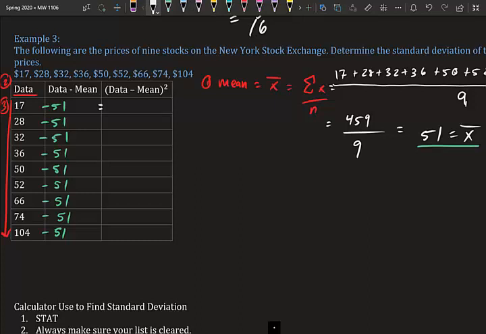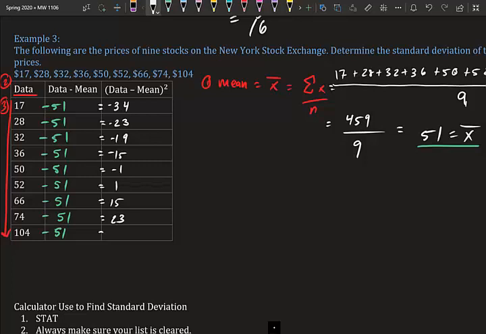So 17 minus 51 is negative 34. 28 minus 51 is negative 23. 32 minus 51 is negative 19. 36 minus 51 is negative 15. 50 minus 51 is negative 1. 52 minus 51 is positive 1. 66 minus 51 is positive 15. 74 minus 51 is 23.